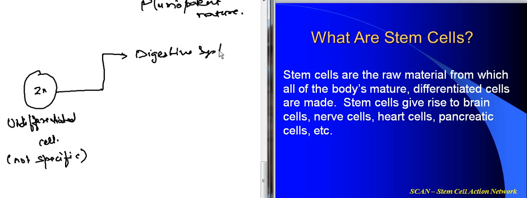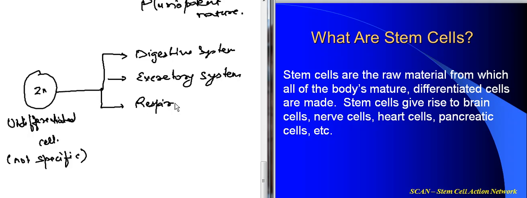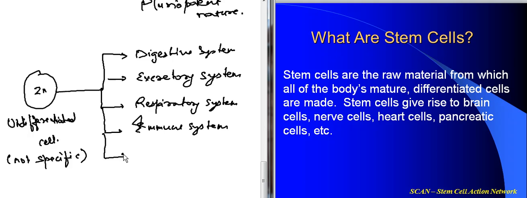digestive system, excretory system, respiratory system, immune system, reproductive system, and skeleton.